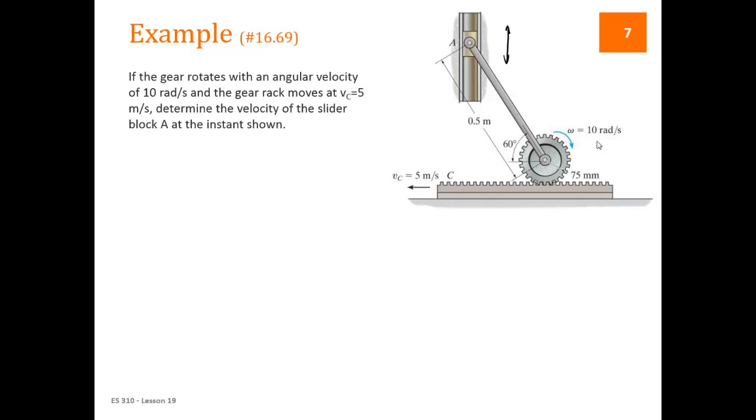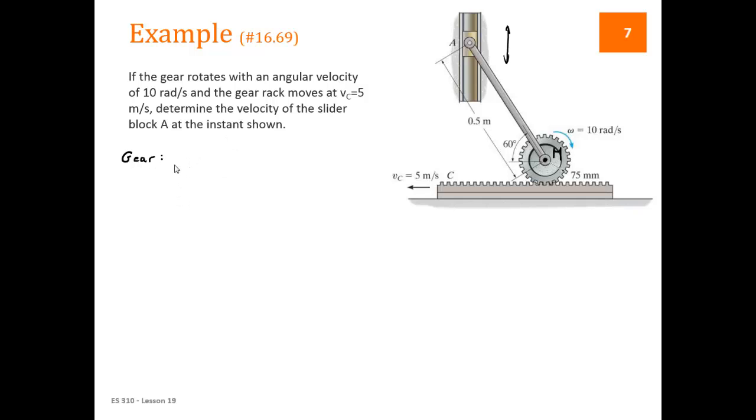So let's start by looking at the gear. If we look at the gear itself, we have a middle point that I'm going to call M. And that is where the end of this rod, which is what we're going to look at next, is attached. So we're looking at the gear, and we're going to write our V equation.